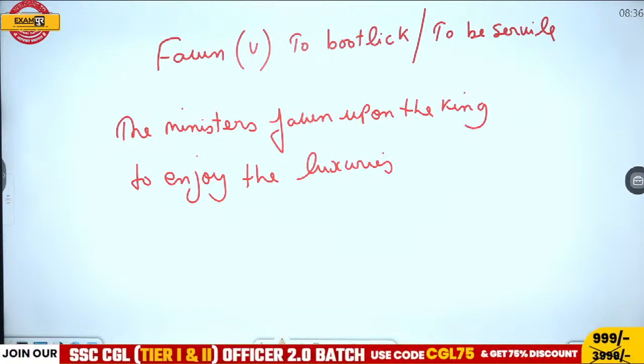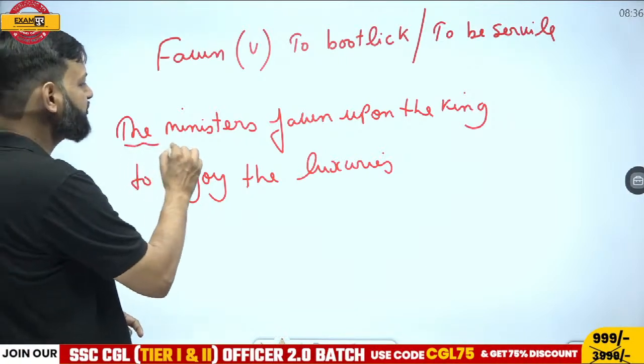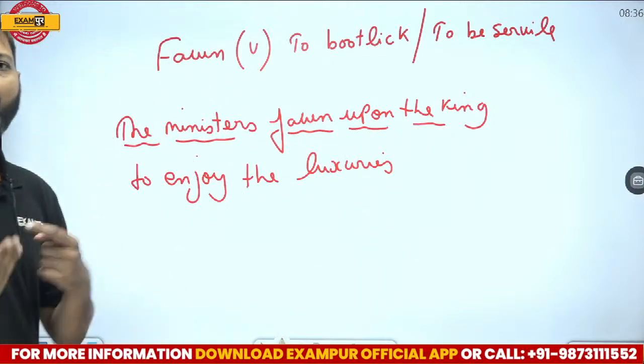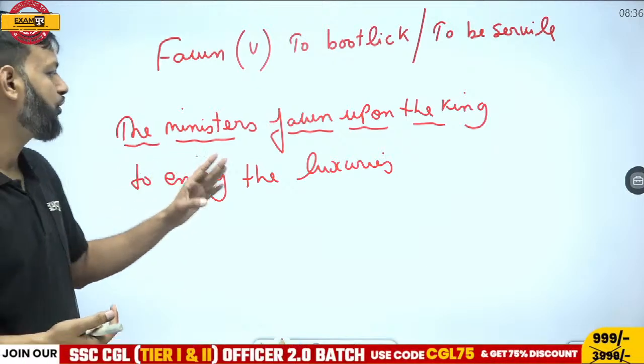So this is the example: the ministers fawn upon the king to enjoy the luxuries.